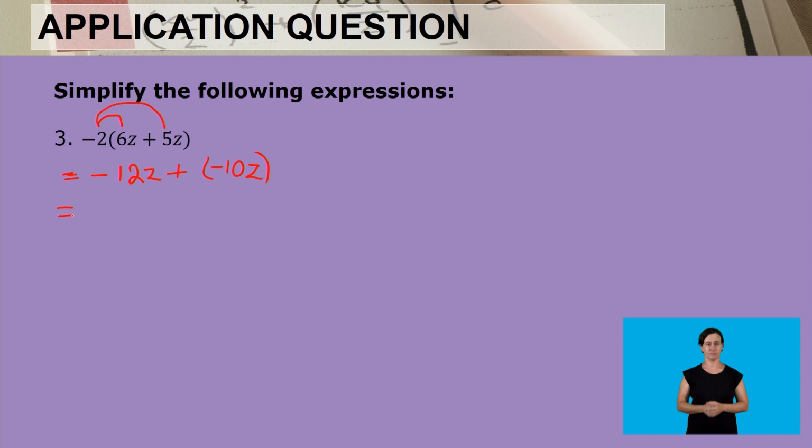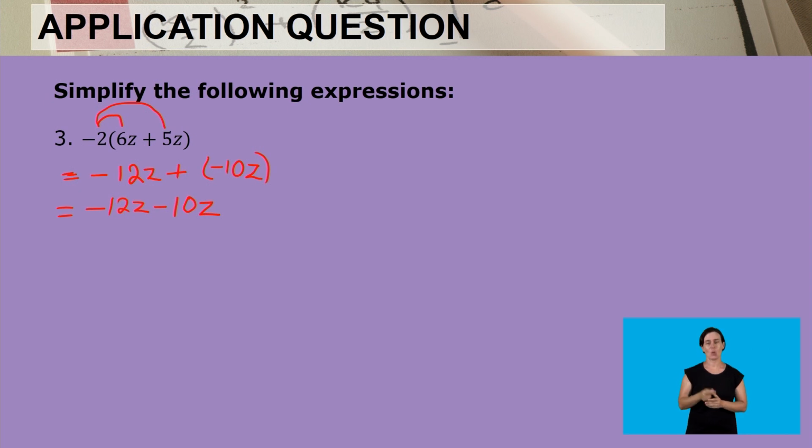Now, if we simplify this further, we can say there a -12z, and adding a negative number is the same as subtracting its additive inverse, so that's going to be minus a 10z. Now, what do you see about our simplified expression? Have you simplified as much as you can?